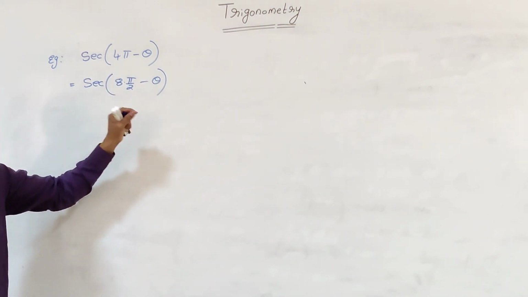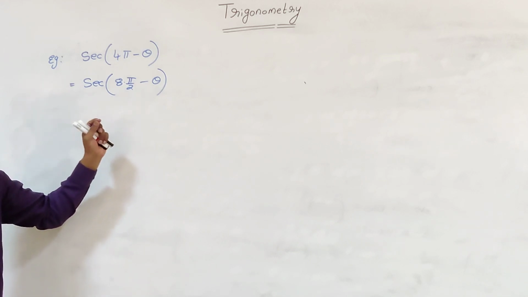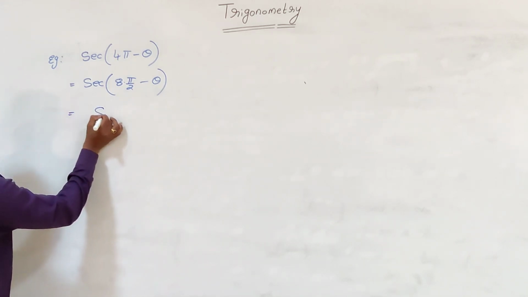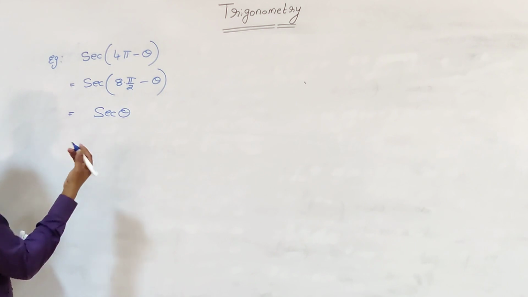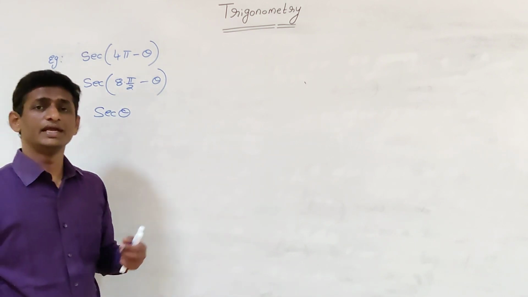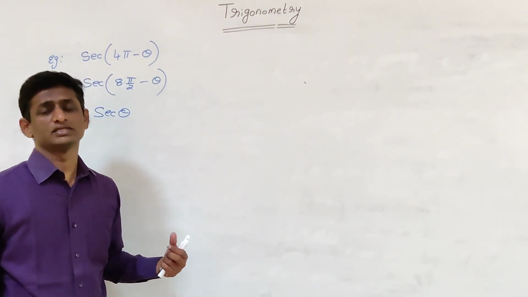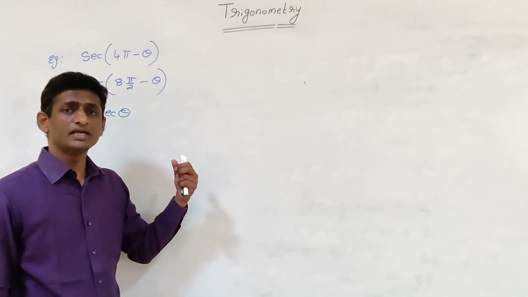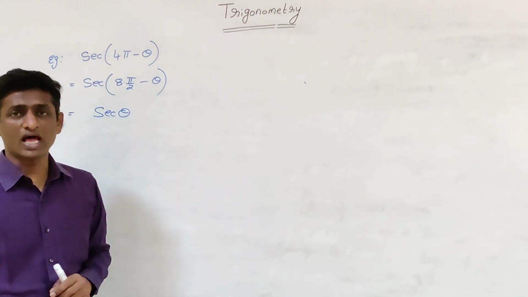If it is even, then the trigonometric ratio does not change. So it gives secant theta. But what sign is it, plus or minus? That we have to decide by in which quadrant the angle lies.